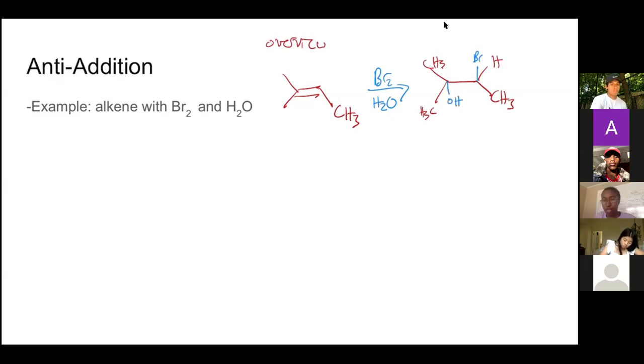So as you might be able to guess, this molecule was created by the same method, but the water molecule does the backside attack instead of the bromine. So let's go ahead and draw the mechanism, so we can see how this occurs.